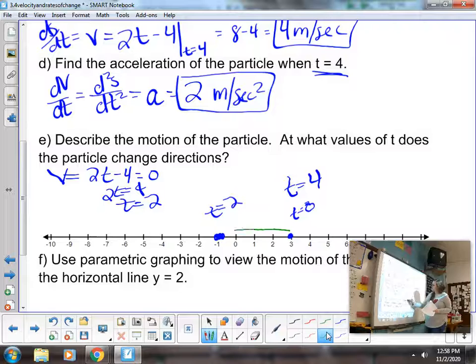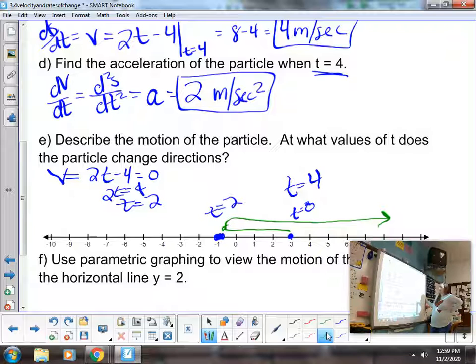So I'm going to start off moving to the left until I get to 2. Once I get to 2, then if I plug any number that's bigger than 2 in here, I'm going to get a positive velocity, which means I'm going to be rounding the corner and then moving to the right, and that's where I'm going to keep going. Your book does have a really good explanation of this. I don't want to do too much with that.